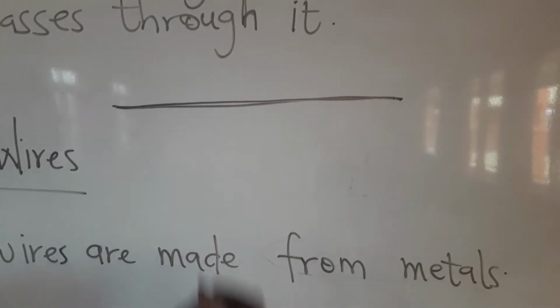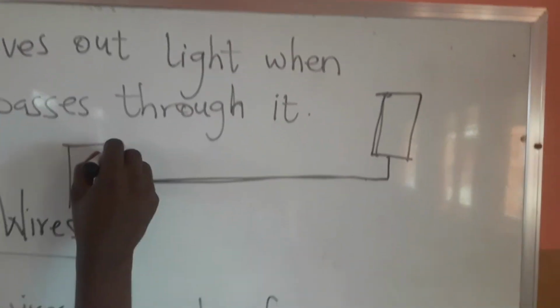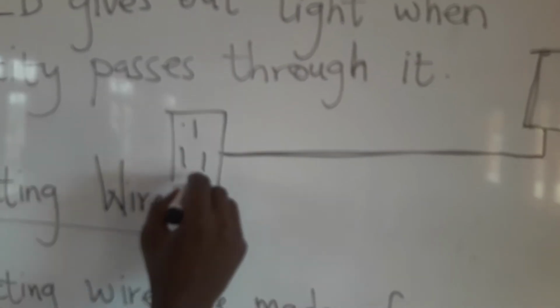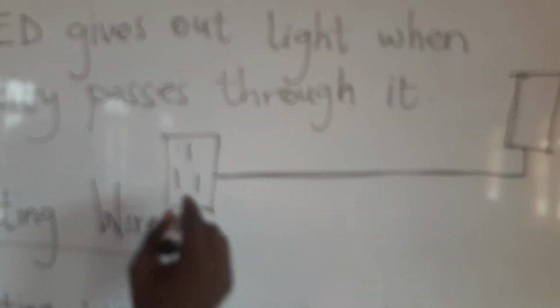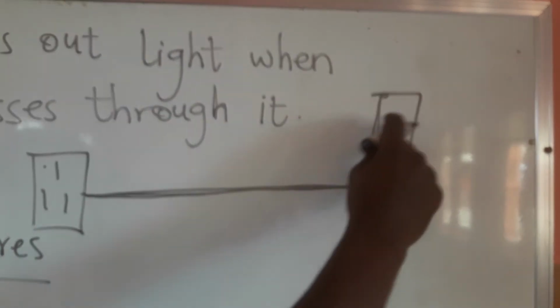Now when it is moving through the metal, let's say my phone is on charge. The cable is connected to my phone, and then I have my switch here. The electricity from this socket moves through this wire into my phone.